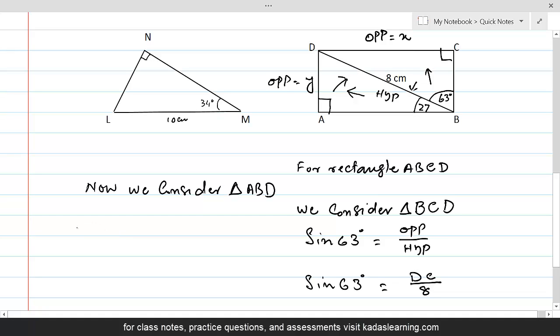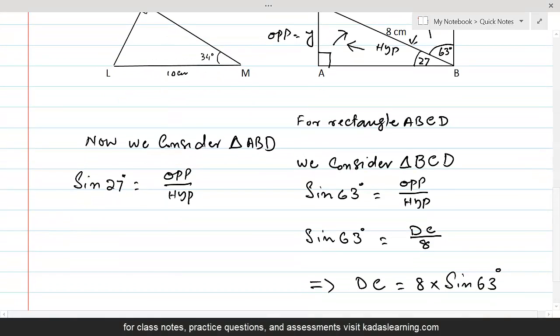So sine of 27 degrees will be equal to opposite over hypotenuse, which means sine 27 degrees equals opposite, Y, over 8 centimeter.